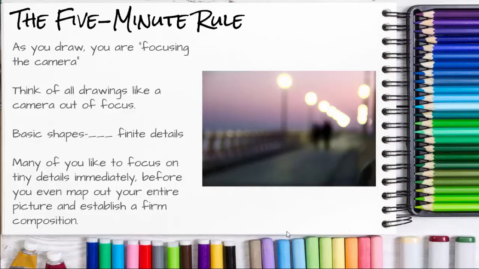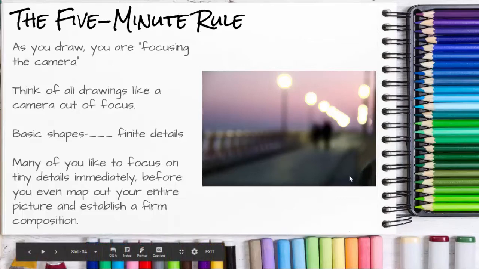If art is a communication, you're adding more and more information to communicate what you're trying to communicate. So if you map out your drawing before you really start and say, oh, no, I think I want to move that, I think I want to make this taller, it's part of making a plan, but you could make some adjustments before you're in the middle of it, and then you realize you have to make an adjustment.